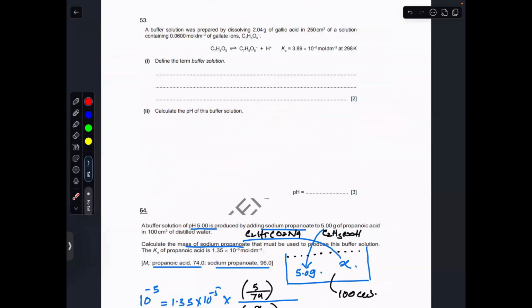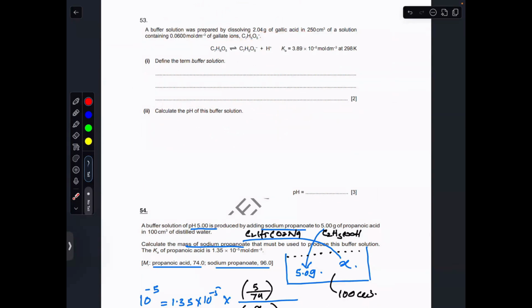Next question, which is a bit different. Why? Because they are using mass and volume. So what is a buffer? A solution that resists changes in pH when a small amount of acid or base is added. Calculate the pH of the buffer in which this much gram of gallic acid and gallate ion are present.